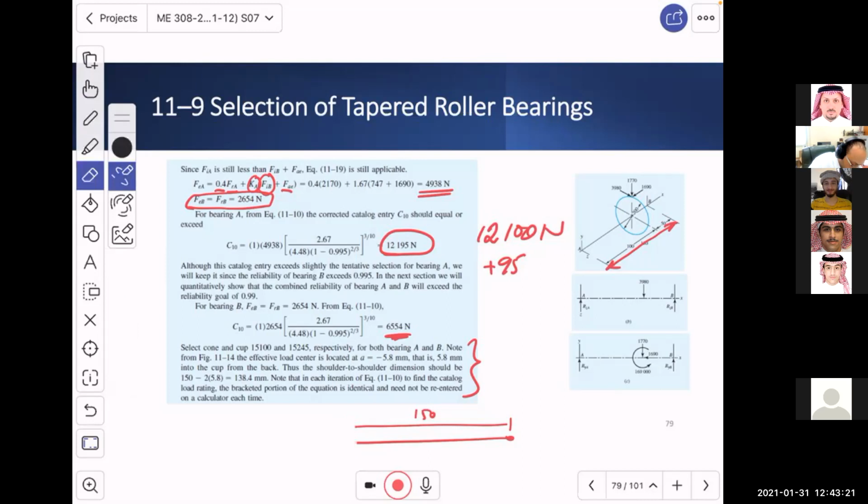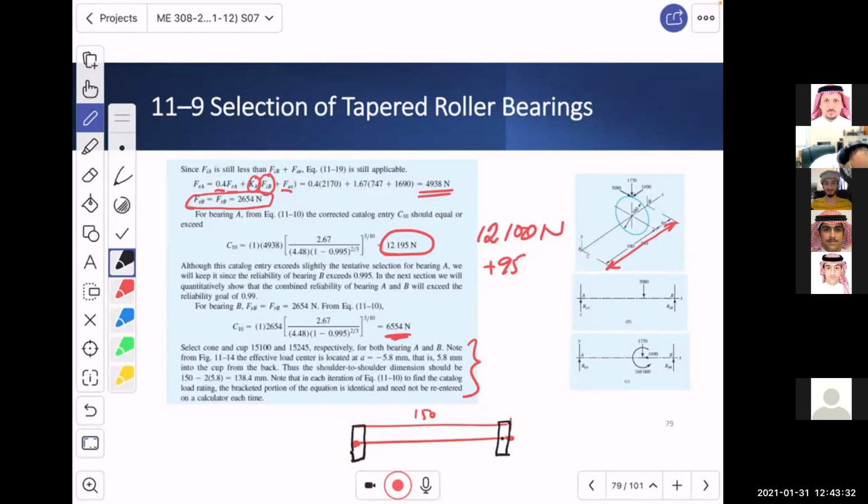If the bearing is mounted in here like this, and the other one is like this, then you should understand that there is a little bit here and a little bit here. This dimension is A and this dimension is A.